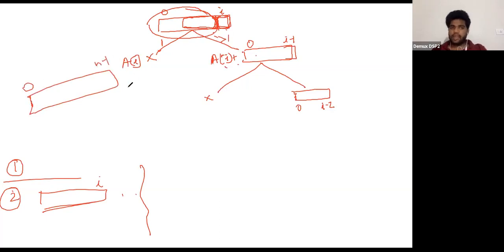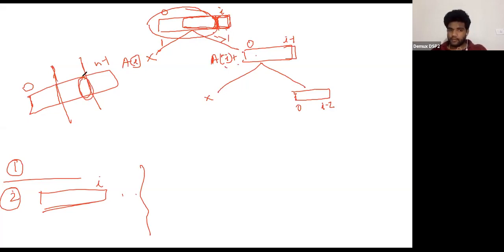So this is the actual question. The question is you have to find a maximum sum subarray within this array. I said that that maximum sum subarray will obviously end at some index, right?